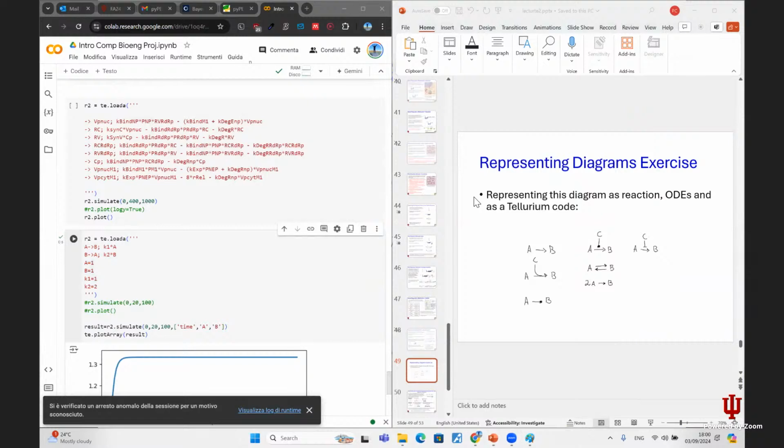Did you try? What are you plotting in your graph right there? I completed the one, A plus C gives you B. Yeah, but in the plot, what is the red curve and what is the blue?